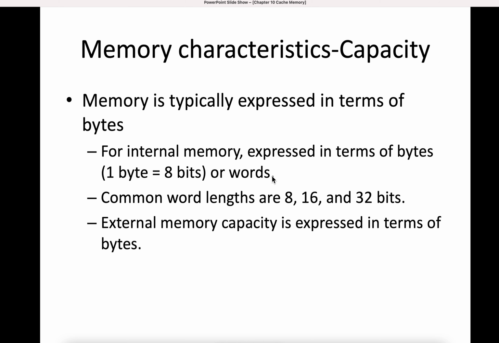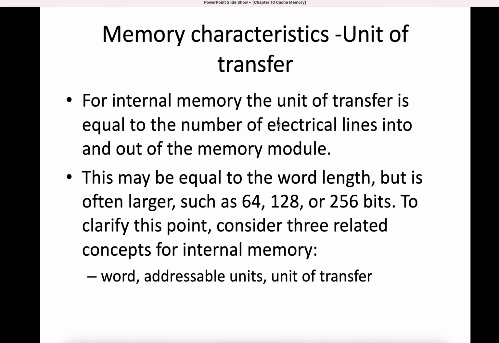The external memory capacity, or the size, but we often use the term capacity, is normally expressed in terms of bytes.